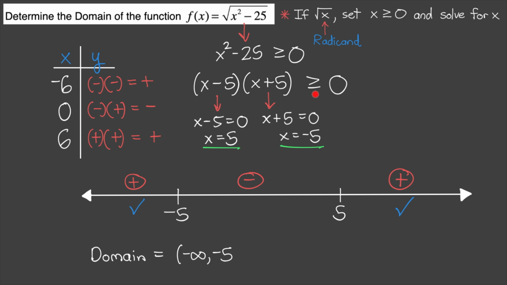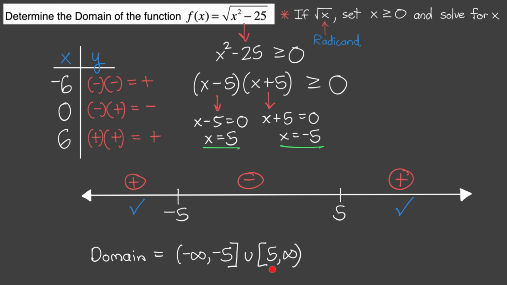Is 0 greater than or equal to 0? Yes, it is. So because -5 satisfies this inequality, -5 works, which means we put a bracket around it. Next, we do this interval, so union with 5 to infinity. And for the same reason, 5 will work as well, because if you plug in 5, you'll get a 0 here. 0 times anything is 0. And again, 0 satisfies the inequality.